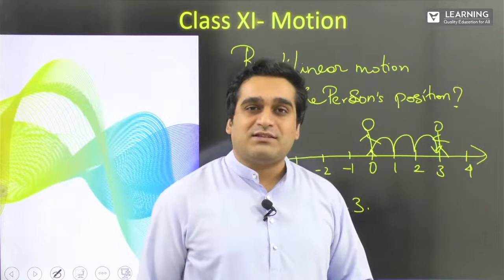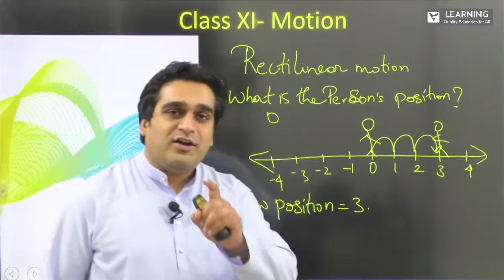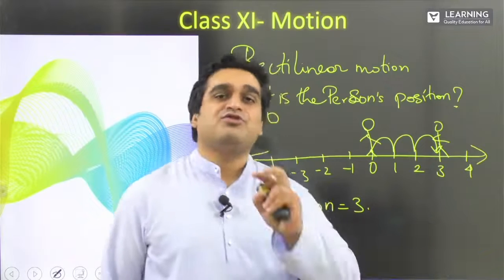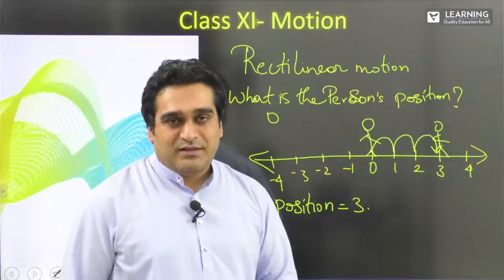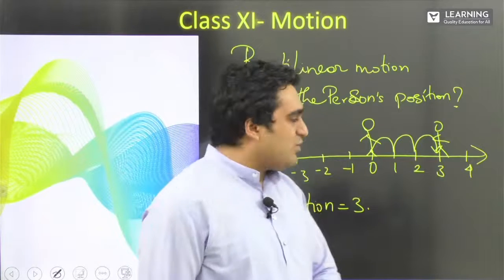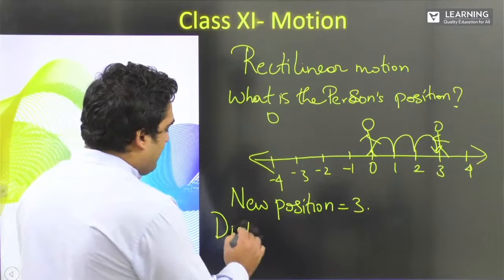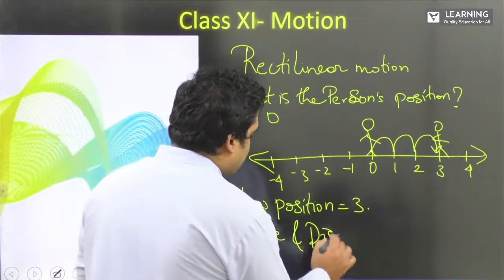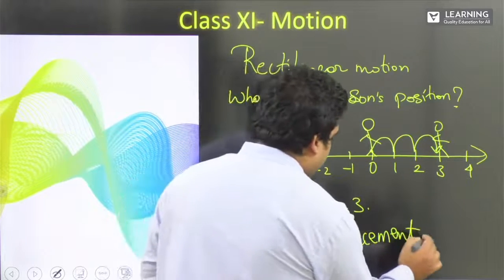How much has this person traveled? To find how much this person has traveled, we use 2 different physical quantities. These 2 different physical quantities are called distance and displacement.